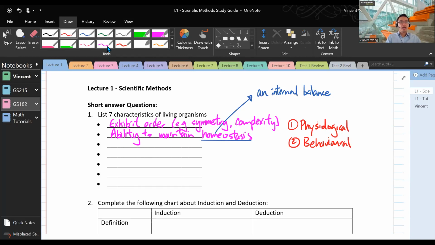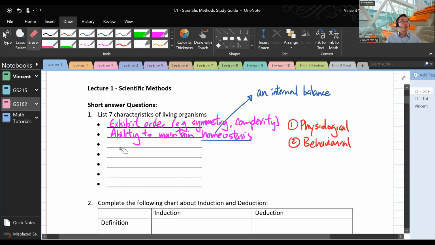Another characteristic, I'm just looking at what you guys type, all are excellent points: growth and development. We look very different now than when we were a baby. We have been growing and developing all this time, and the growth does not necessarily stop.